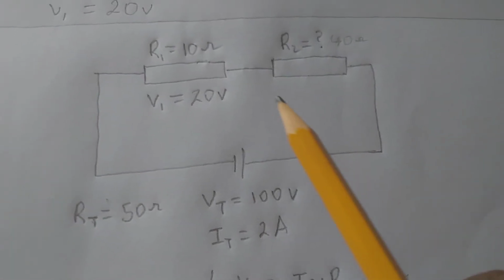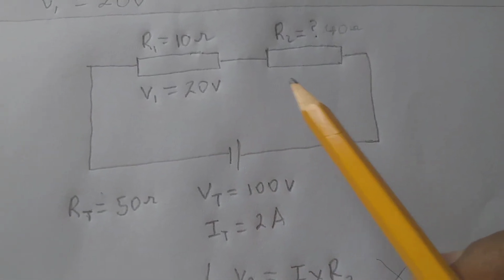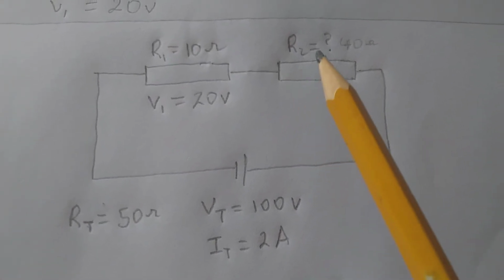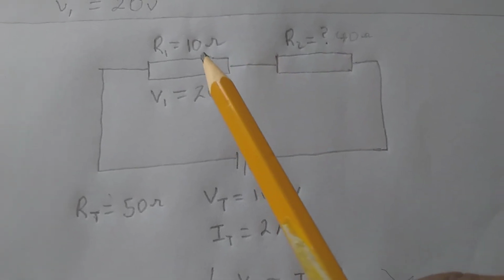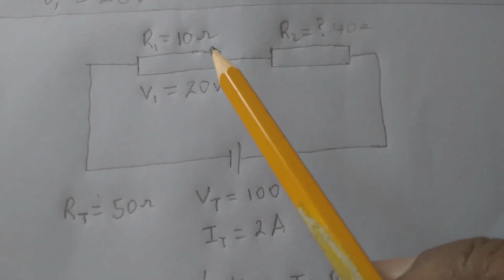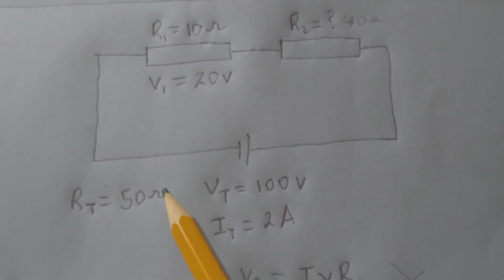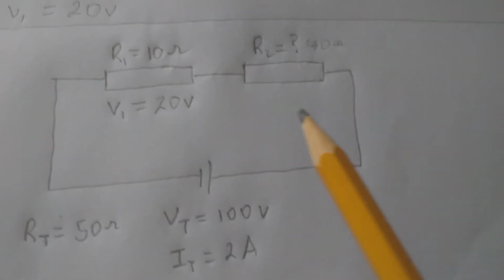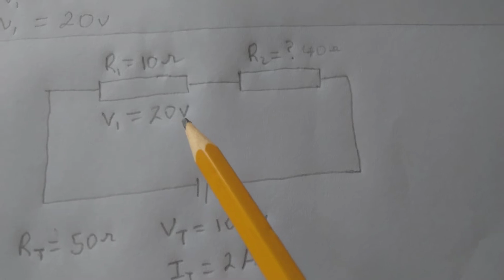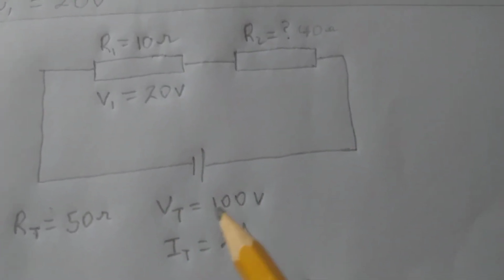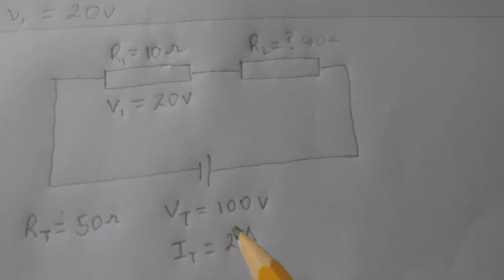So what we would need to do is to find another method of finding the voltage, because we're looking for V2, the voltage across this resistor. In a similar way in which you find the resistance of a resistor by subtracting this resistance from the total, you would use the same method, since if you add this voltage plus this voltage, it should give you the total voltage, and that is how voltage operates within a series circuit.